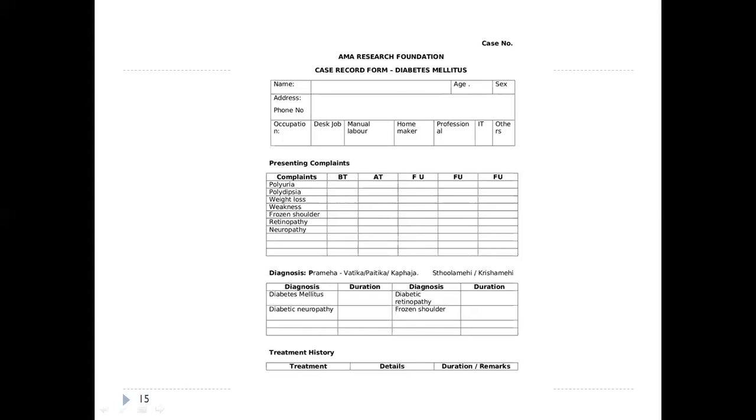Then what happens after treatment, right? 1 day after treatment, first follow-up say after 3 months, second follow-up after 6 months, next follow-up after 1 year. What happened to this patient? So this is a pro forma that has been designed by the Ayurvedic Medical Association for an Ayurvedic drug for diabetes.